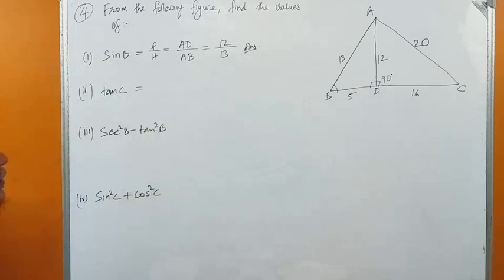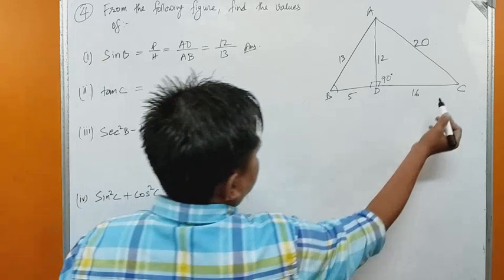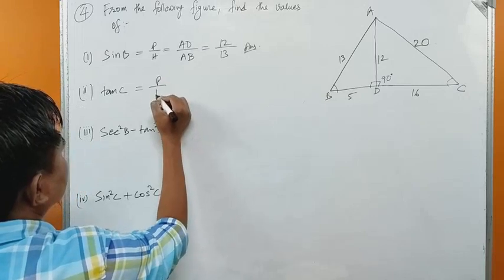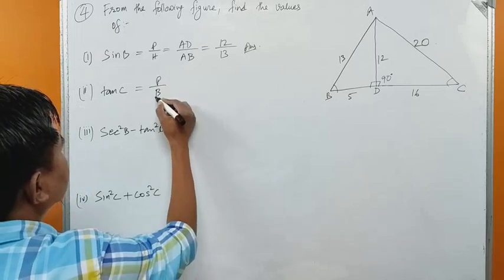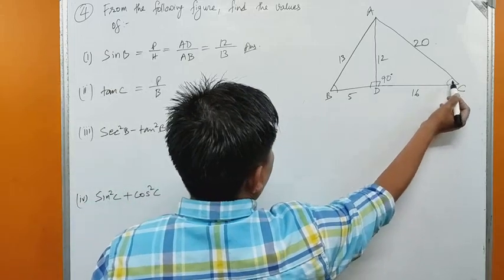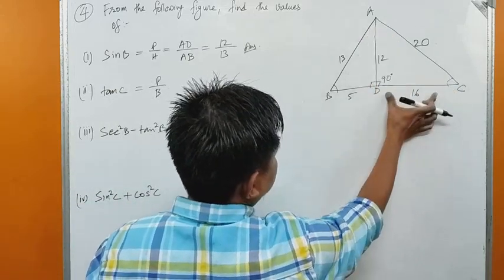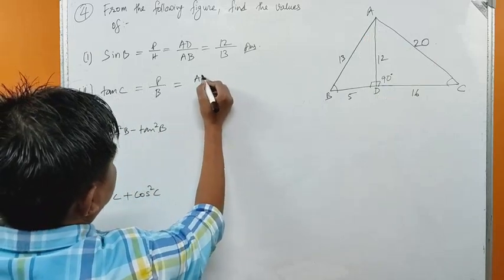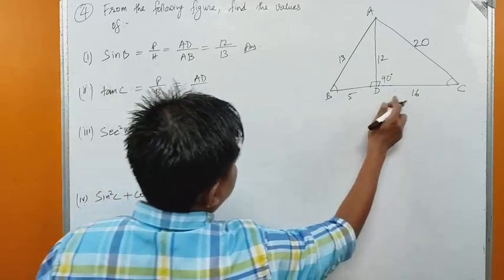Now tan C, tan theta, this angle. Tan theta is perpendicular upon base. When we talk about this angle, perpendicular is AD and base is DC.